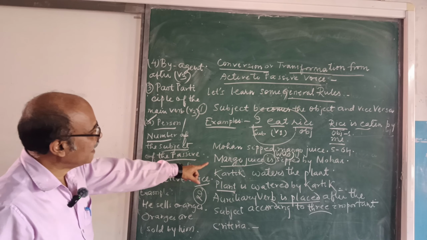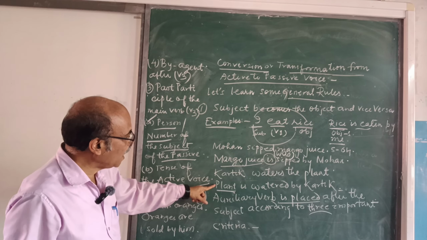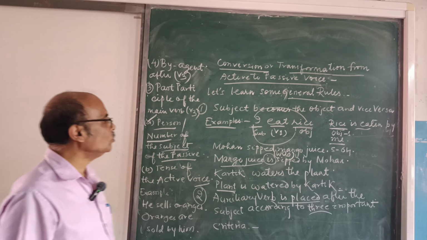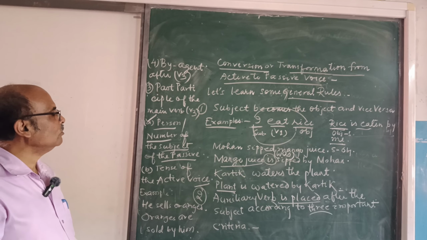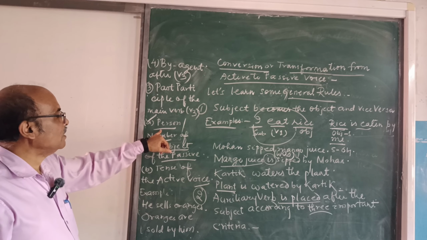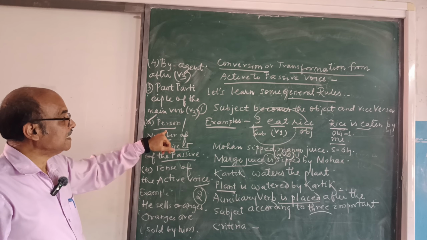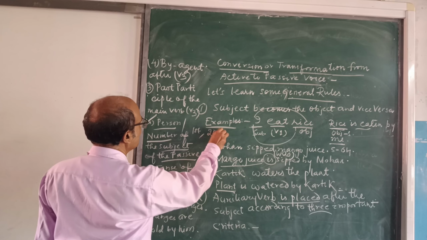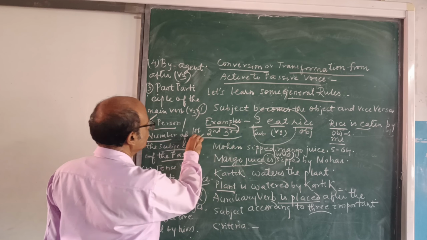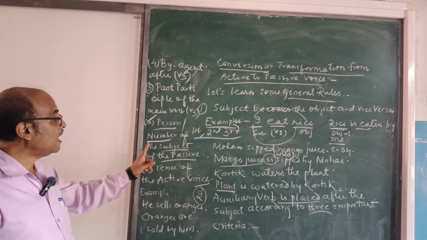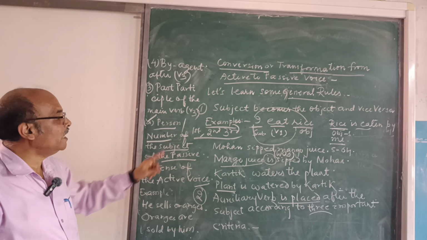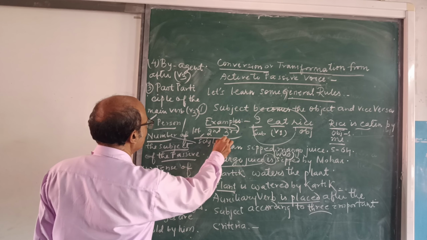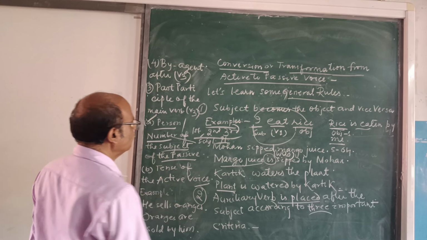That means here mango juice, plant, then rice, which has turned into subject according to the first rule. It is in which person? Whether first person, second person or third person, you have to remember. Then number, whether it is singular or plural. Number refers to singular or plural, that you have to see.